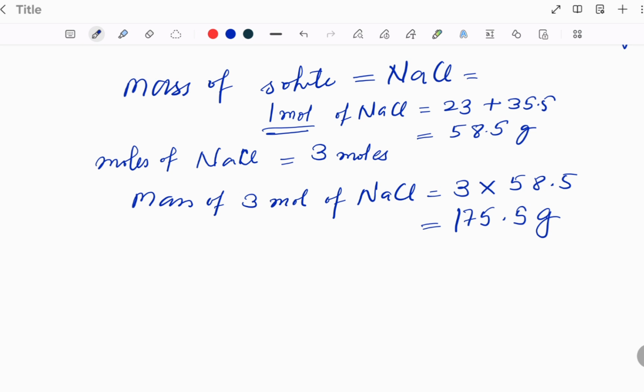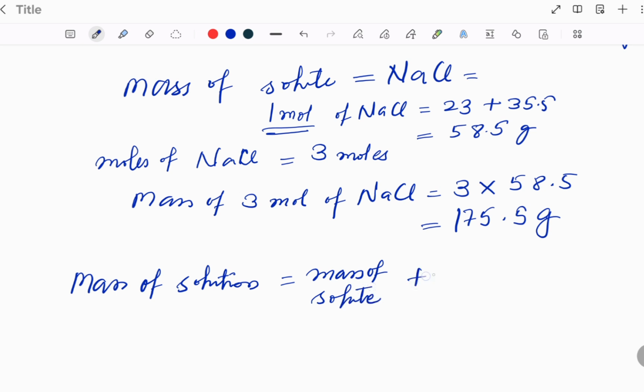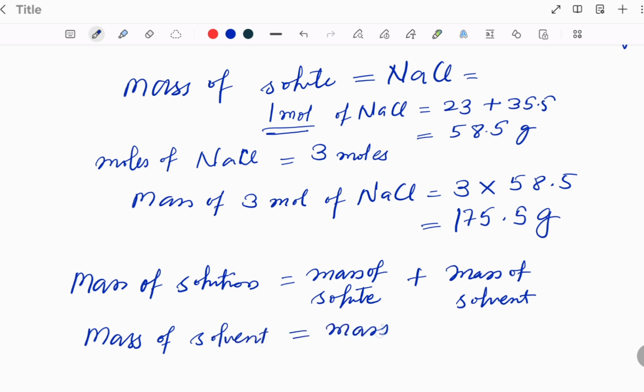We do not know the mass of solvent. So mass of solution is equal to mass of solute plus mass of solvent. So what is the mass of solvent? Mass of solvent is equal to mass of solution minus mass of solute.